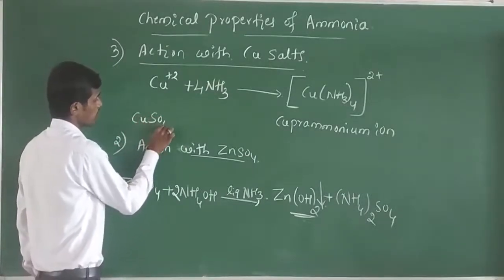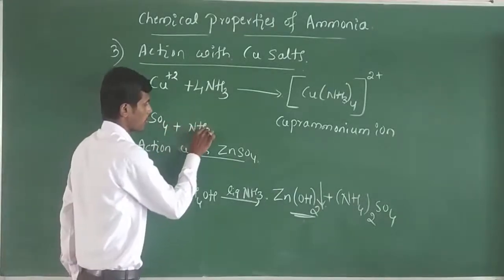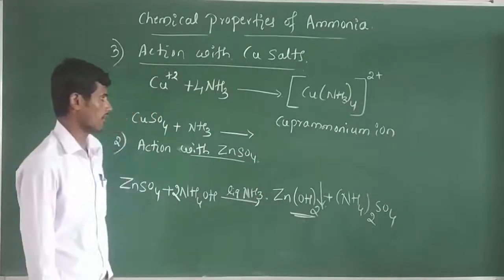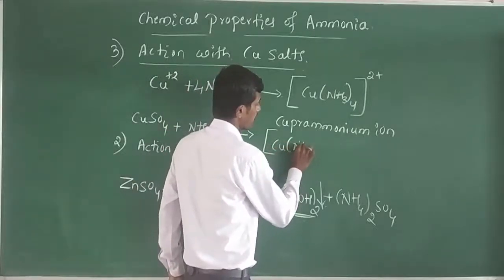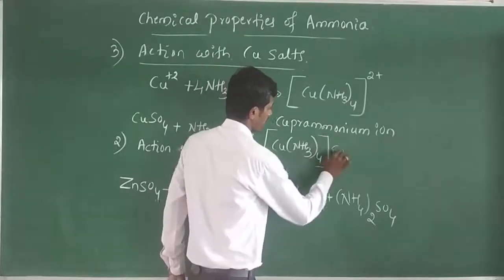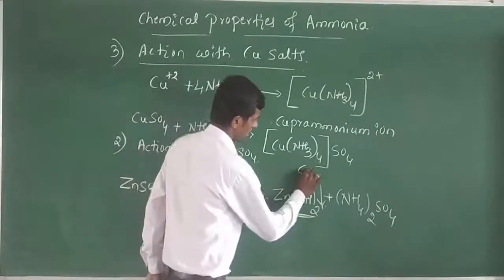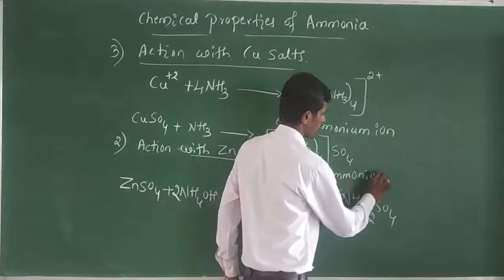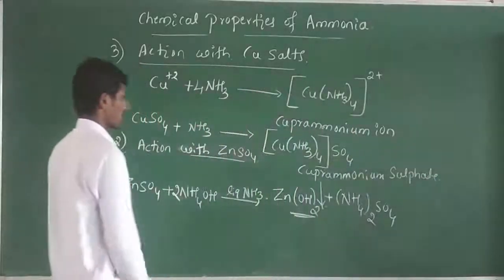CuSO4, means copper sulfate. When it is treated with ammonia, then it forms the complex [Cu(NH3)4]SO4. The name of this one is cuprammonium sulfate. Yes, here also this one is 4.